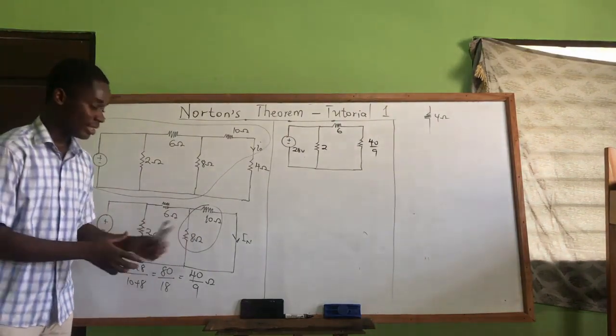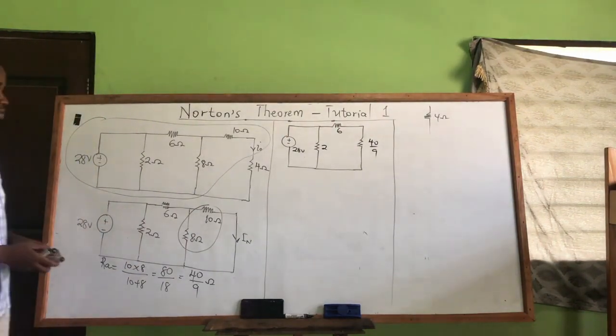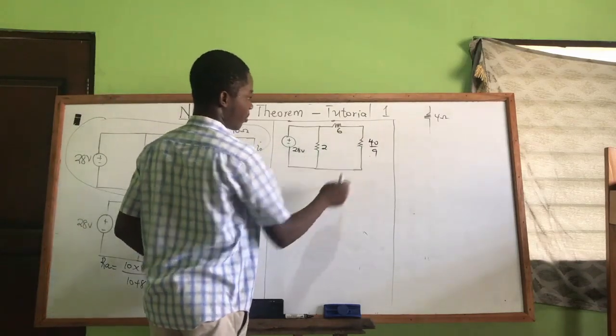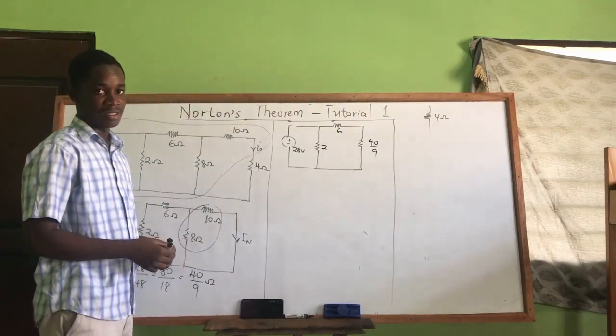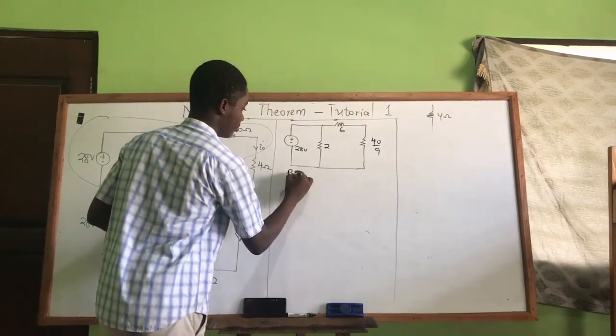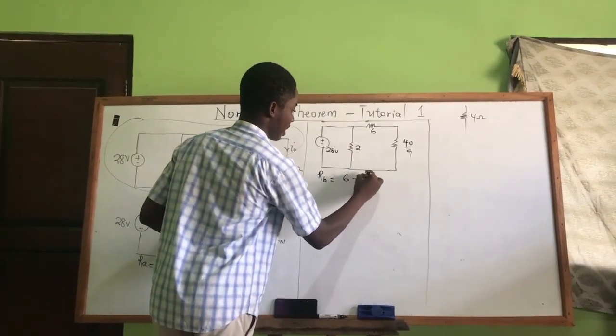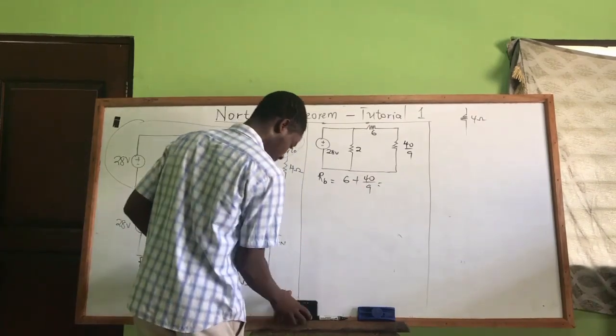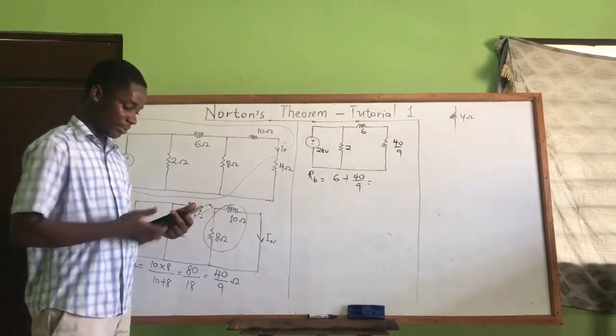Very simple. So let's see. From here, what can we say? We can say the source and the 40 on 9 are connected in series. So RB is equal to source plus 40 on 9. Let's punch it together.